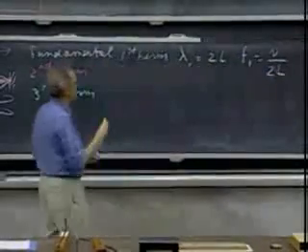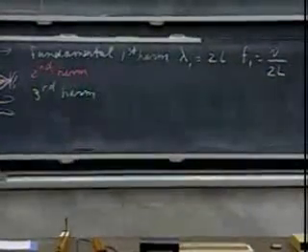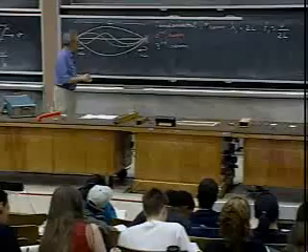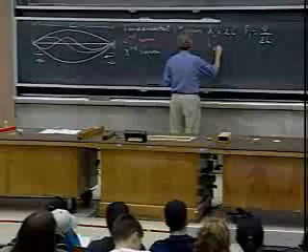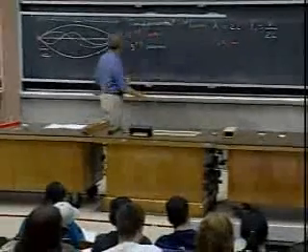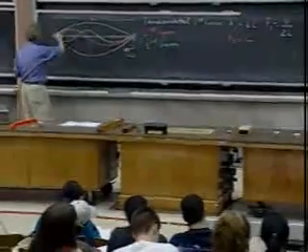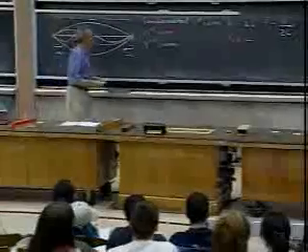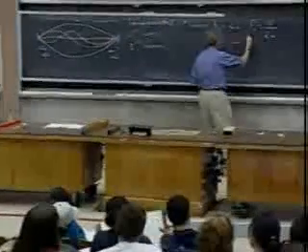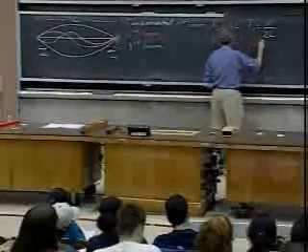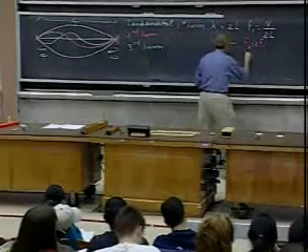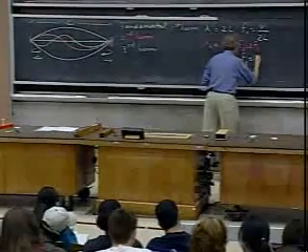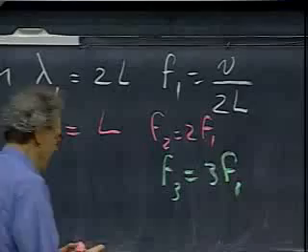So that's the frequency in the fundamental for which this resonance phenomenon occurs. For the second harmonic, lambda 2 equals L. You can tell. You see a complete wavelength here. And f2, that frequency, is going to be twice f1. And f3 is going to be 3 times f1.